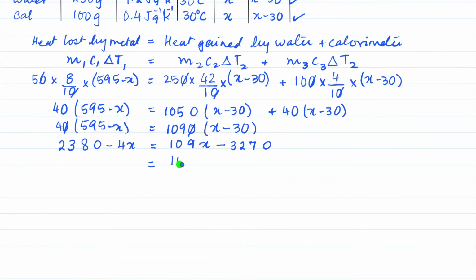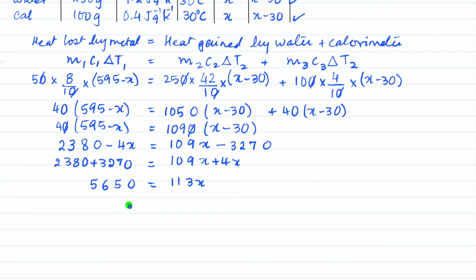Now we will have 109x plus 4x, and this quantity comes that side, so 2380 plus 3270. Let's add this. 8 and 7 15, carry 1, so we have 6, so 5650, and here it will be 113x.